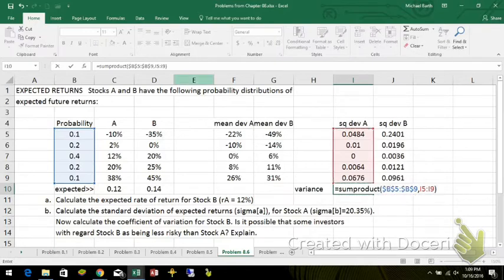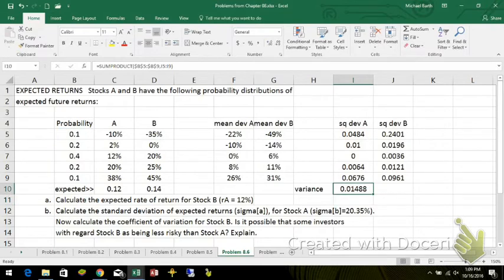Notice the judicious use of the dollar sign in here. When I copy this over, it'll keep this set of numbers because of the dollar sign, but it'll automatically adjust to multiply column B times the numbers in column J. Alright, so there's my variance.